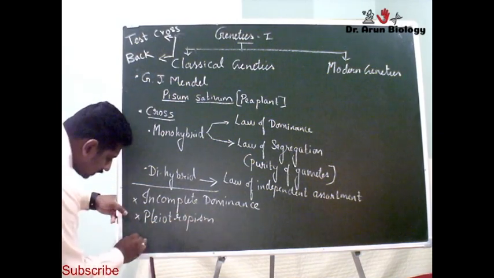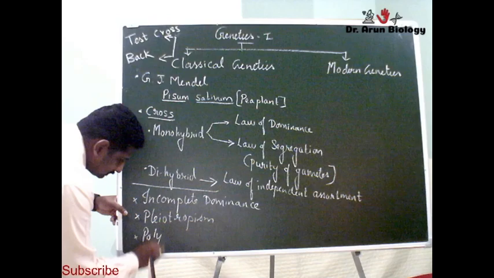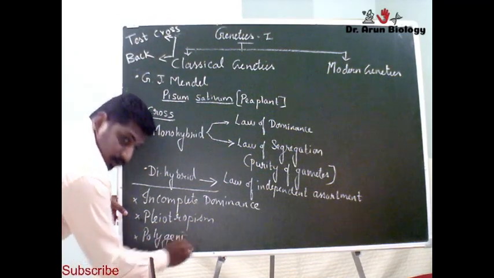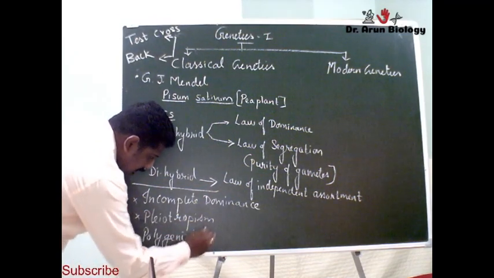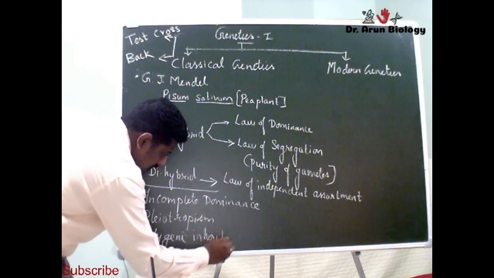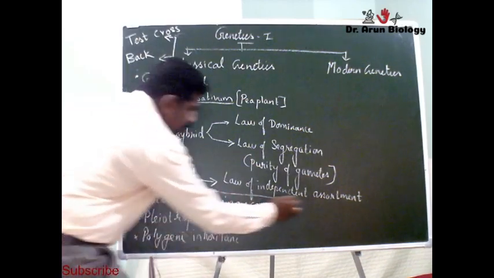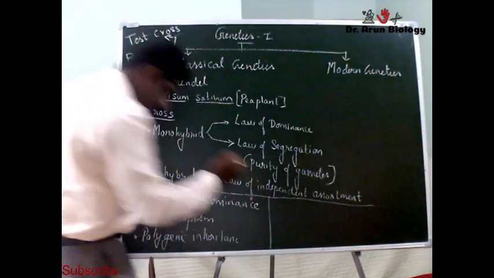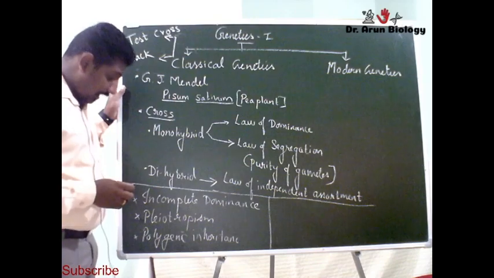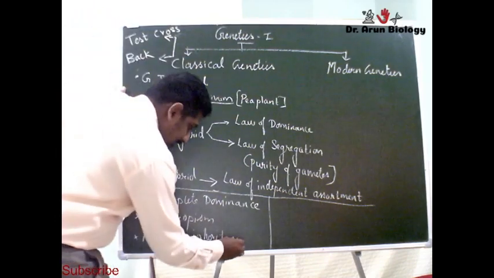The next one is called polygenic inheritance. Okay, so it's over now. No, my dear, it's not over. After polygenic inheritance, yeah, and about polygenic inheritance.